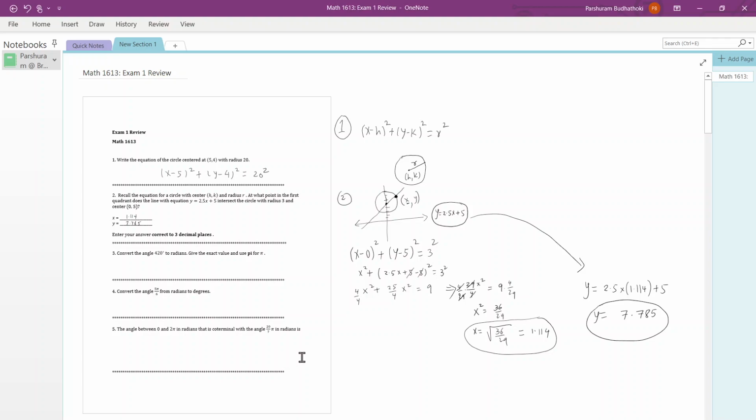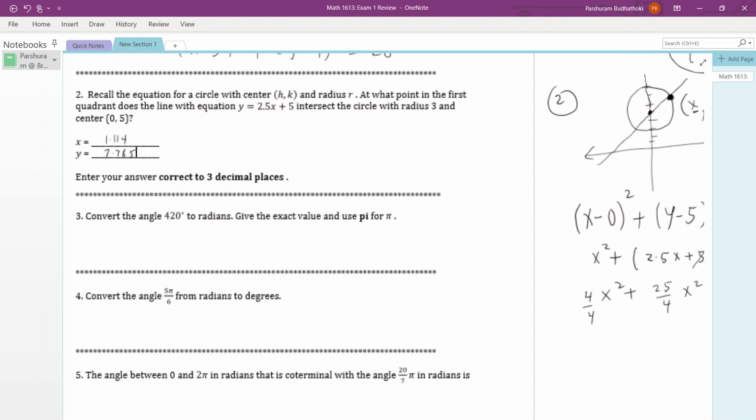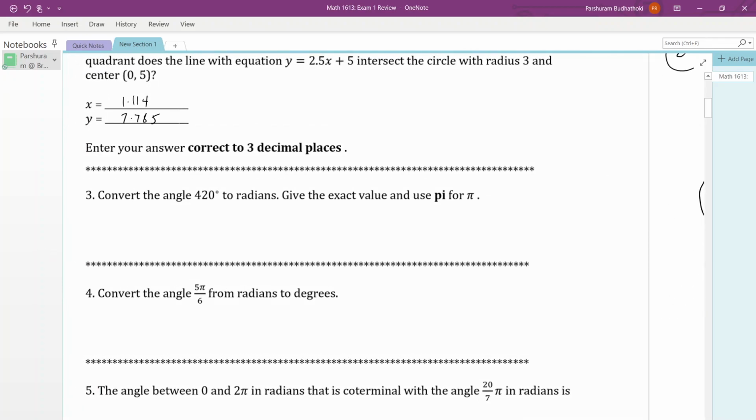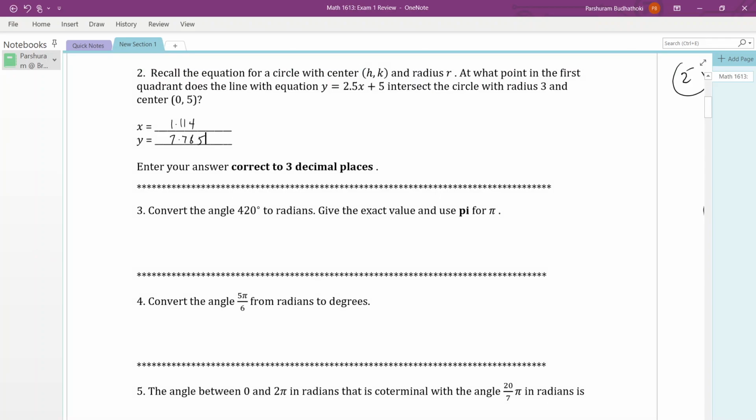Okay, so let's go to the next problem. The next problem is convert the angle 420 to radian. If you want to convert degree into radian, we know that 180 degree is equivalent to pi. So 1 degree is equal to pi over 180.